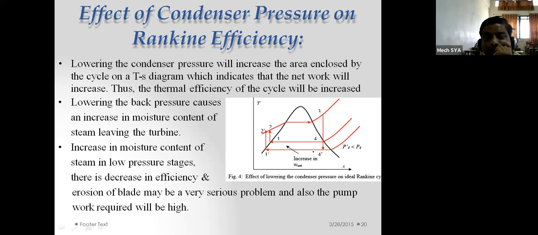Here the decreased condenser pressure is P4 dash, and P4 is the initial condenser pressure. So definitely with 4 dash, 1 will shift to 1 dash, and 2 will shift to 2 dash. The network obtained area will be increasing. So this much hatched area, this much amount of work, will increase due to the decrease in condenser pressure.